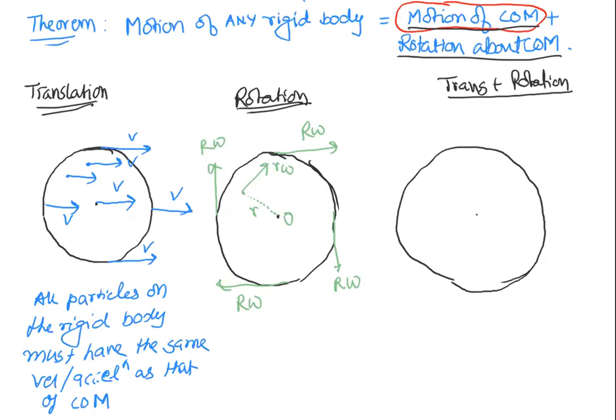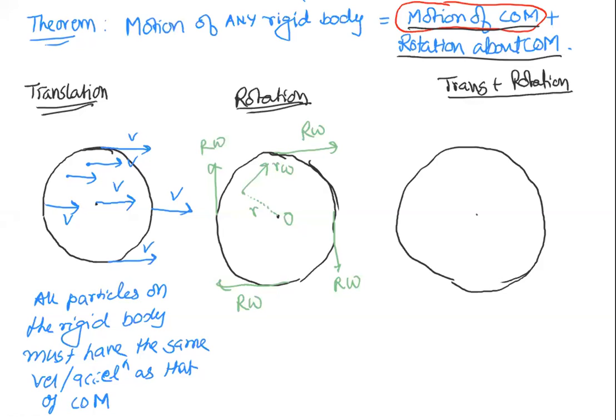Then you forget about translation for a moment and draw the velocity vector of that point only due to rotation. Then you find the vector sum of these two velocity vectors, and you end up with the net velocity vector of that point.